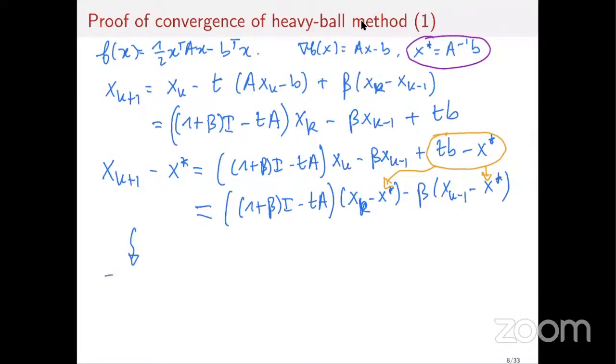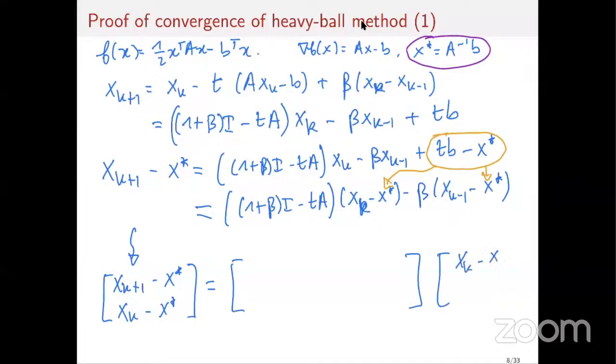I'm going to write xk plus 1 minus x star and xk minus x star as a certain matrix times xk minus x star and xk minus 1 minus x star. What I have here, I can just fill in the matrix.